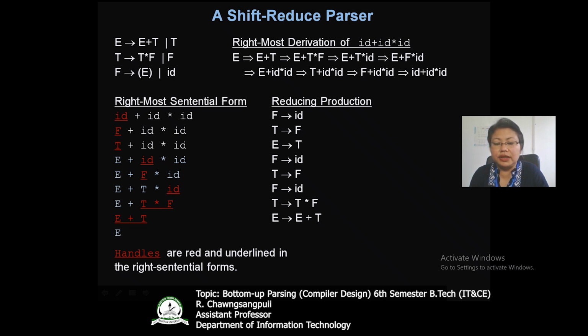So this F can be replaced with the left side of the production by T, so T is written here, and lastly we have this ID, which can be replaced with the left side of the production, which is F, and T into F. Now we have a production rule which states that T can have the form T into F. So by replacing with the left side of the production, we have E plus T. Now at last we have E plus T. We have the production rule which says that E can have the form E plus T. So in the place of E plus T, we are replacing with the left side of the production, thereby getting E, which is the start symbol.